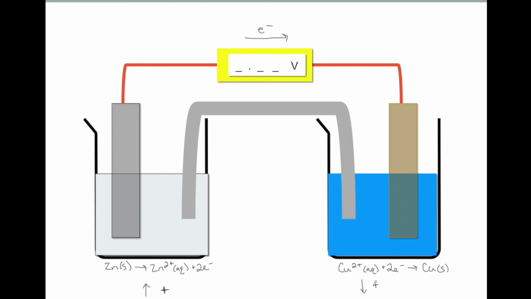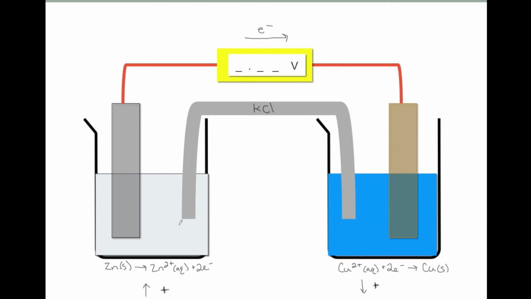So let's say our salt bridge is made out of potassium chloride. Potassium chloride is going to be able to separate out, and the potassium is going to go to one side and the chlorine is going to go to another in order to keep our original charge.